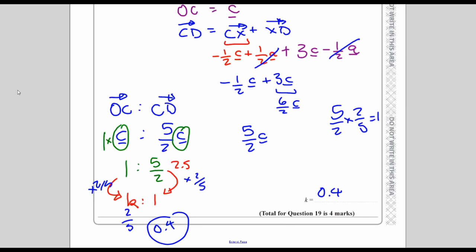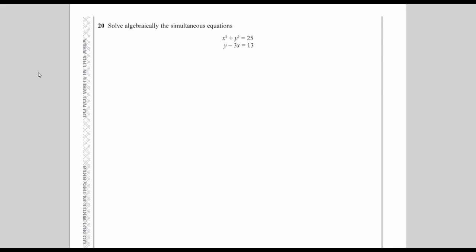Next one. Solve algebraically the simultaneous equations. X squared plus y squared equals 25, y minus 3x equals 13. My trick for you, if it's got the squareds in, it's not the standard linear equations to solve simultaneously.